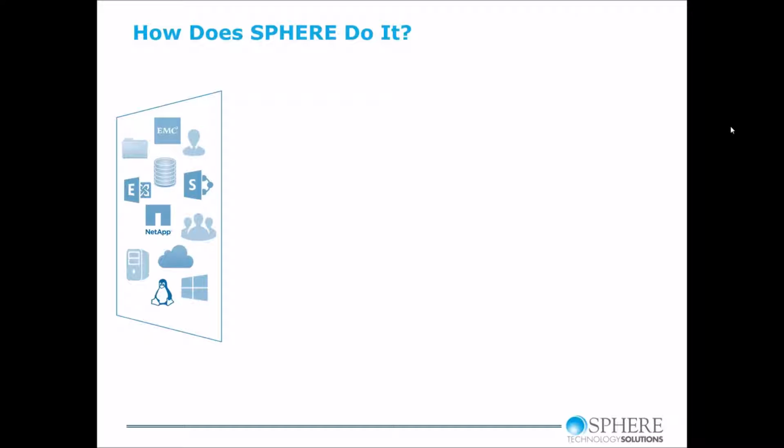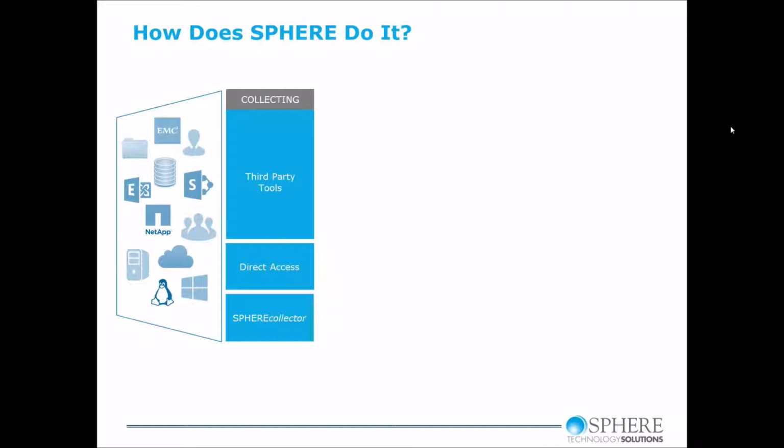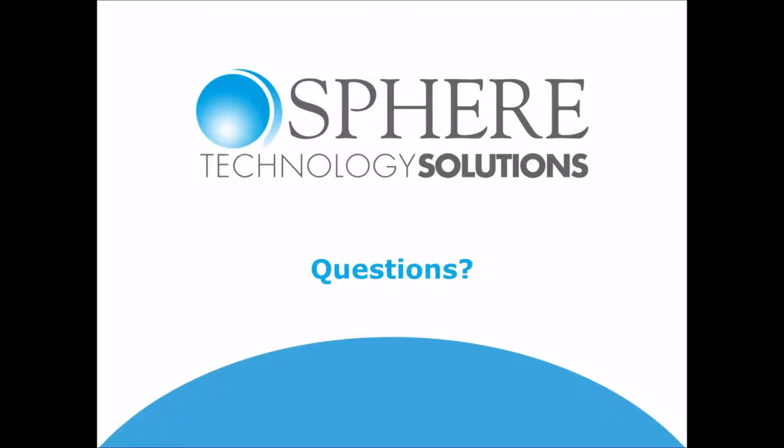Sphere tackles these challenges for our clients through a repeatable and proven four-phase methodology. Sphere identifies security and compliance concerns, remediates these risks, and creates the governance model to prevent a return of these challenges by first collecting and analyzing metadata from a target environment.